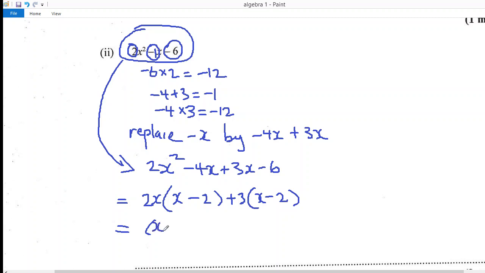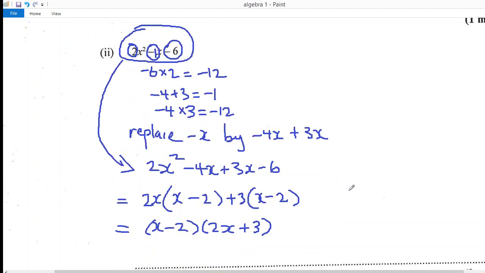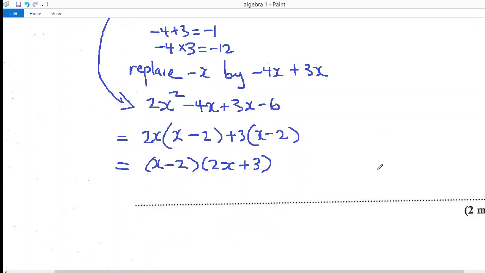We can take out x subtract 2 in brackets as the highest common factor, and our first term would be 2x, and our second term would be the plus 3. So this is our answer for number 2a part 2: x subtract 2 multiplied by 2x plus 3, and this part was also 2 marks. So thank you for watching, and all the best to you in your studies.